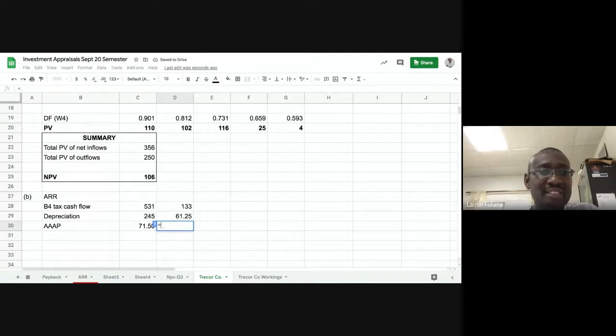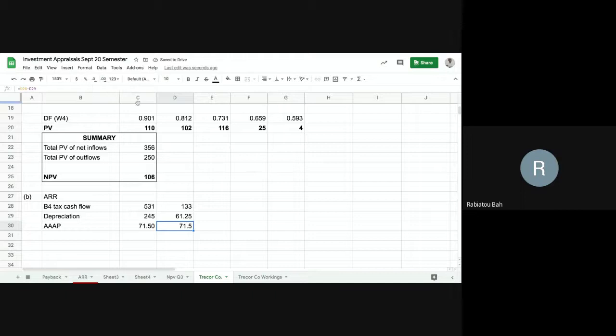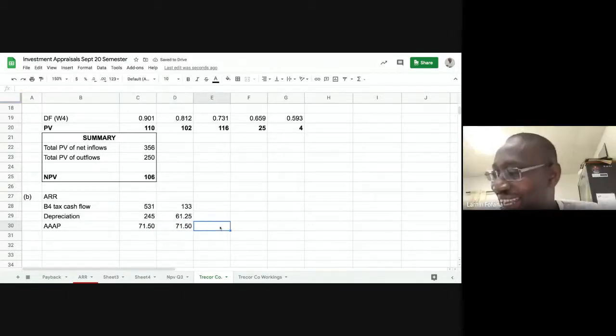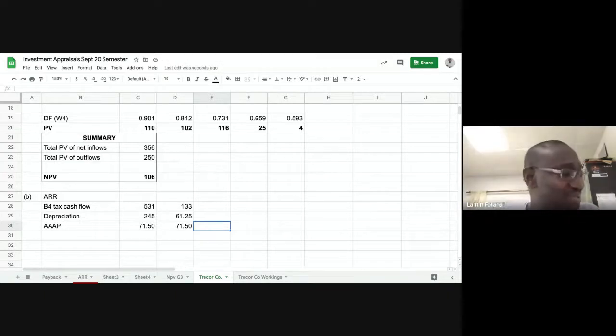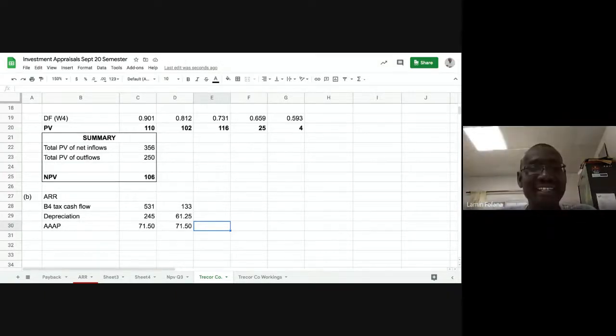Now, we take this and we deduct it from here. Is it not the same, Rabiatu? These numbers are confusing me. Oh, I understand now. Thank you. No, don't be confused. It's the same.